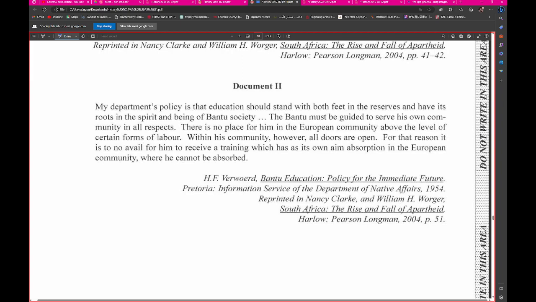Within his community, however, all doors are open. For that reason, it is to no avail for him to receive a training which has as its aim absorption in the European community where he cannot be absorbed.